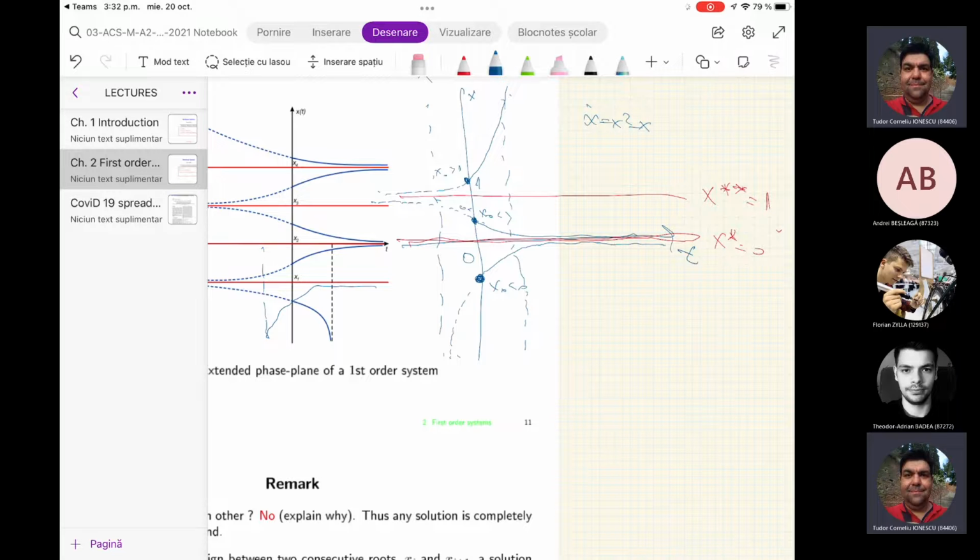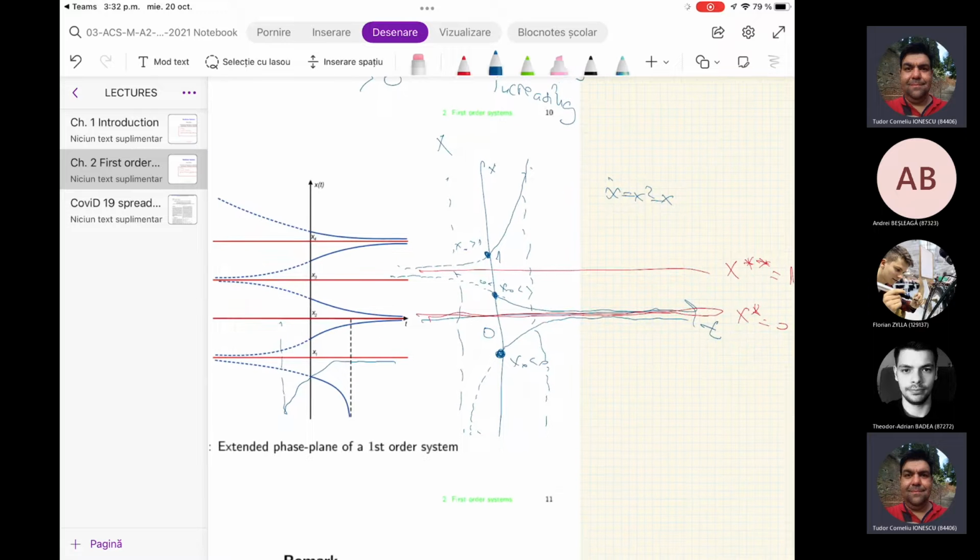Is this clear? Questions, please. If you have any questions, please.